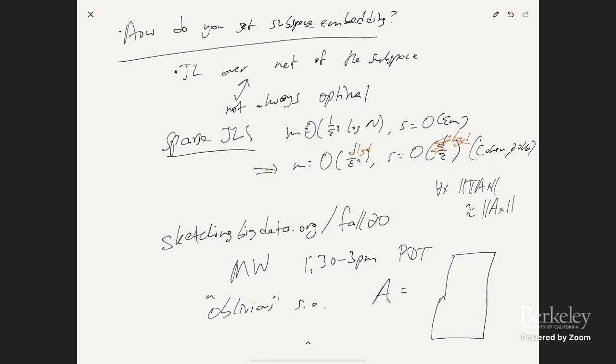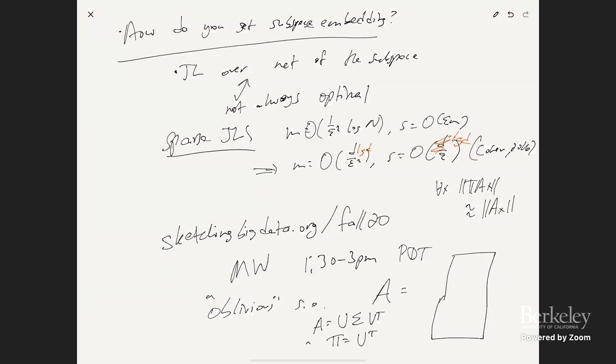Now, if I'm given the matrix, I could of course find a perfect subspace embedding. I can just compute the SVD, A equals U sigma V transpose. Then I can pick pi to be U transpose.